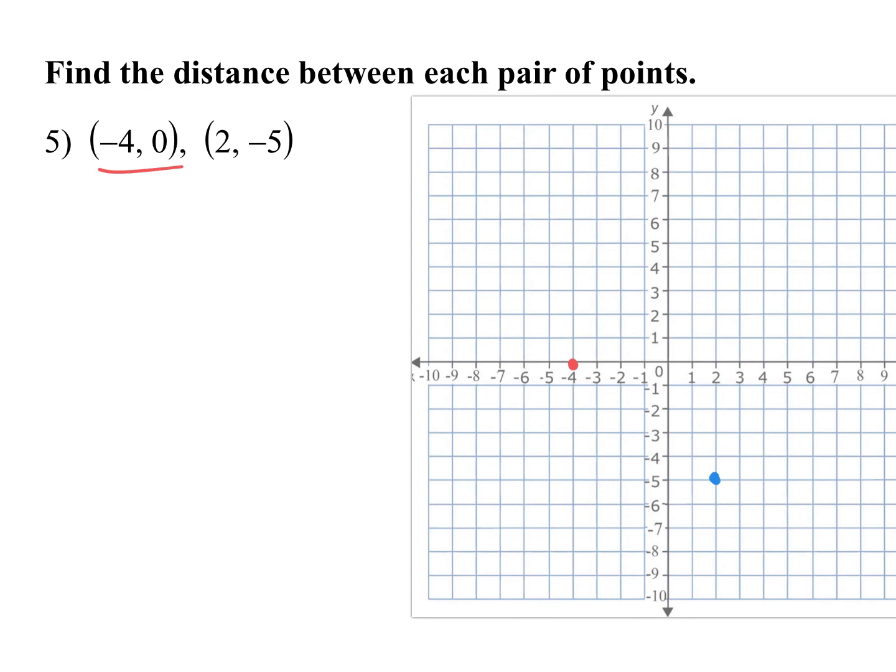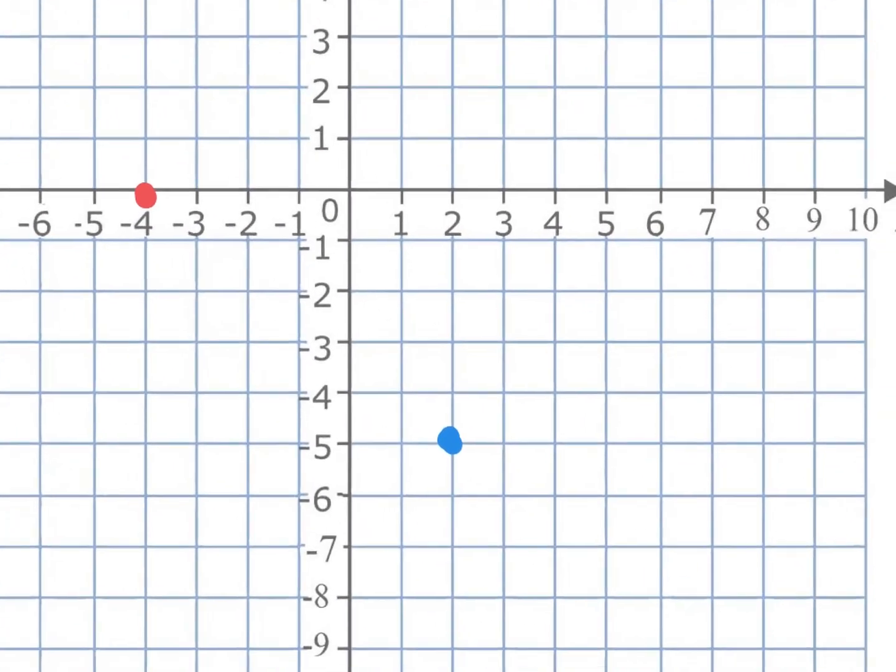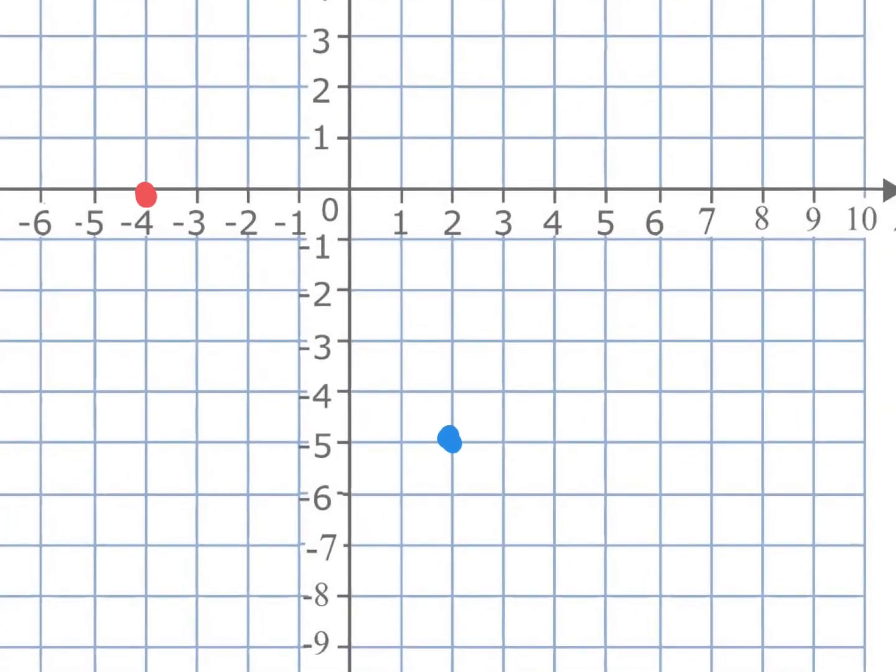Beautiful. Okay. And so I'm going to zoom in on this coordinate plane, and we recall that if we set up a right triangle like so, and we recognize that right here, of course, we have a 90-degree angle. If we apply the Pythagorean theorem, we know that it's a squared plus b squared equals c squared.